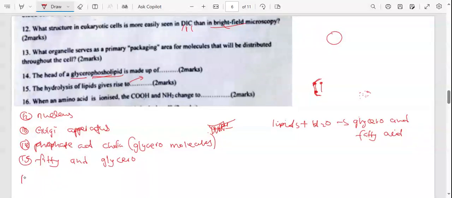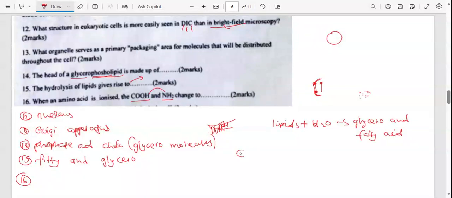So 16 says when an amino acid is ionized, the carboxyl group, the COOH, and also the nitrogen, the NH2, change to what? What will be formed once they react? What will happen is that this hydrogen will go over to the nitrogen.